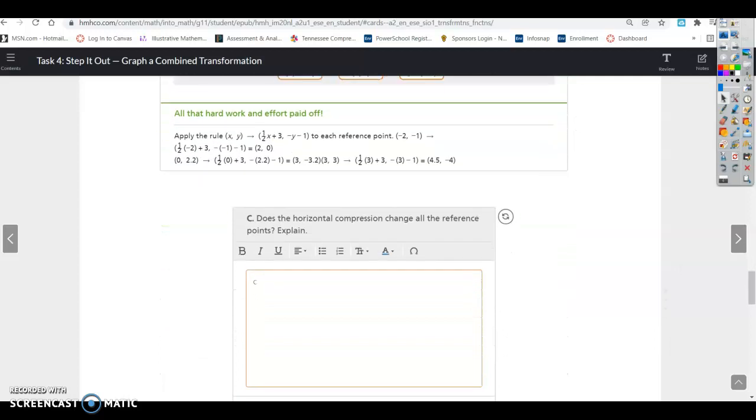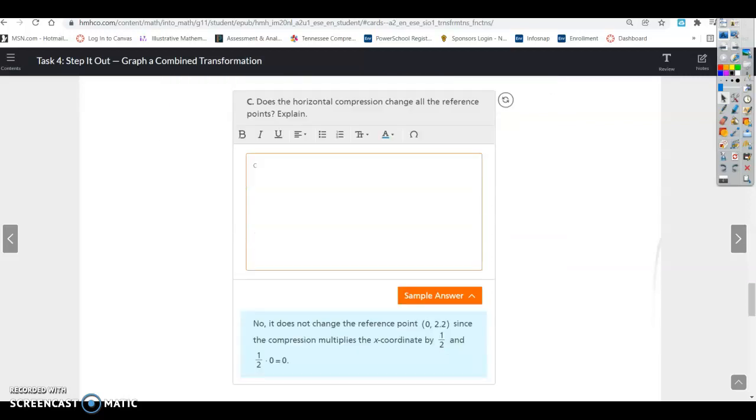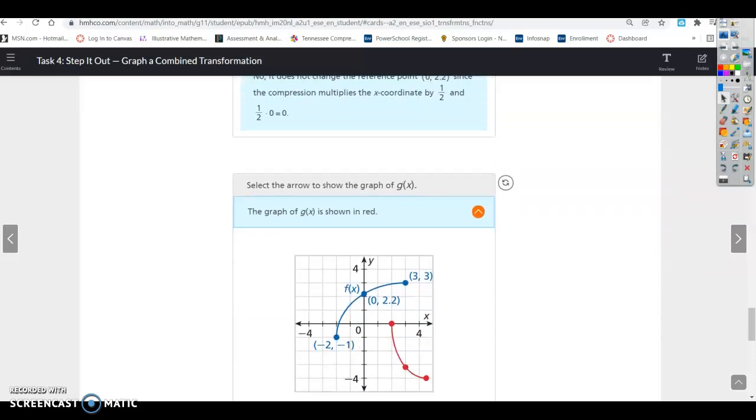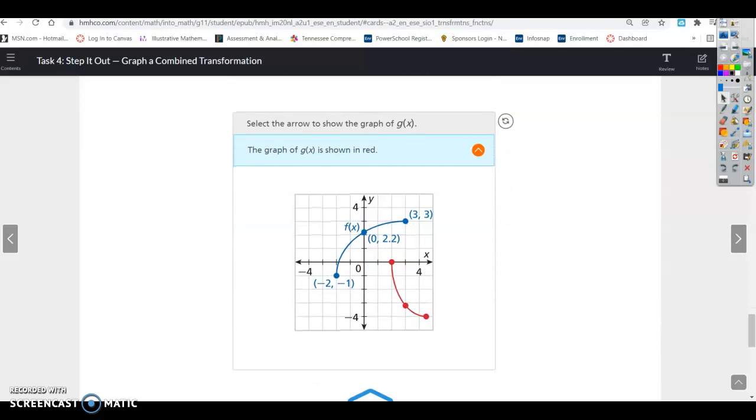All right, does the horizontal compression change all the reference points? No, it does not change the reference point 0, 2, since the compression multiplied X by 1/2, and half of 0 is just 0. Anything times 0 is just 0, so when you multiply by 0, it's not going to change anything.